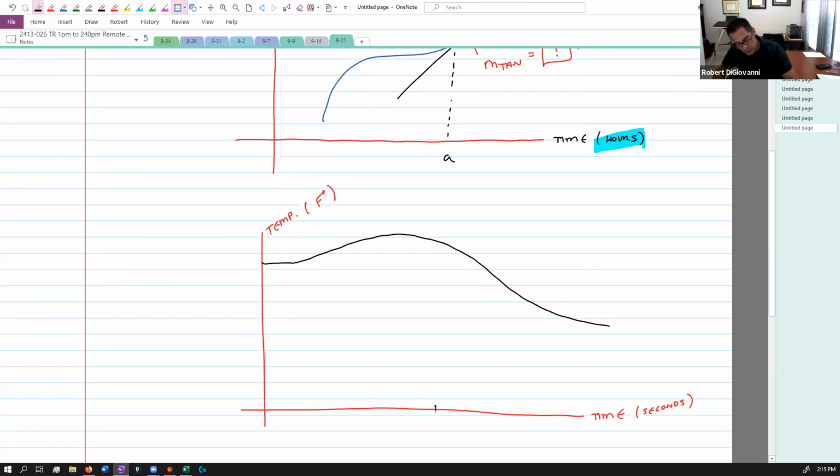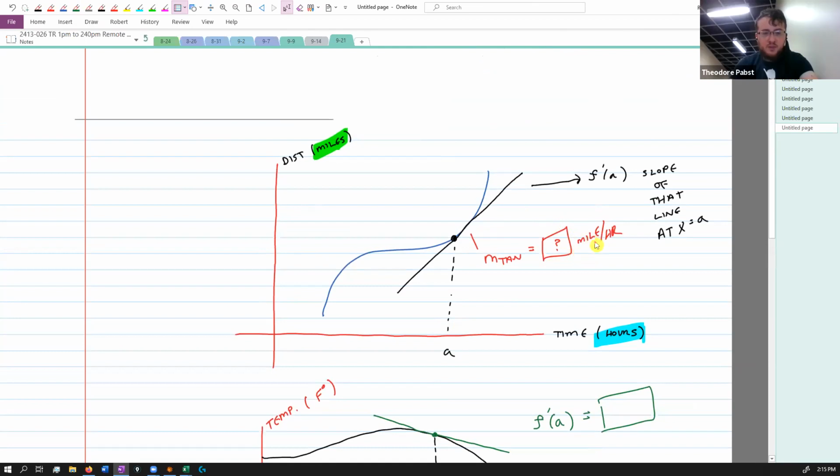If we pick some arbitrary point A, and we find the slope of this tangent line, in other words, if we find f prime of A, what that will be is the instantaneous rate of change of this function at that point. What would the units be here? In the previous one, it was miles per hour.